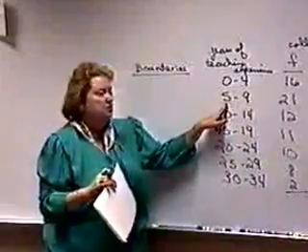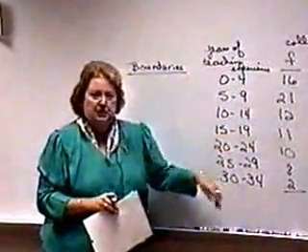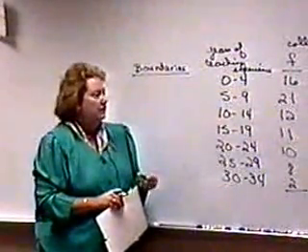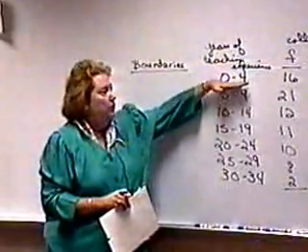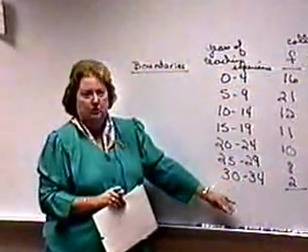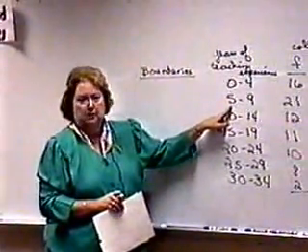This boundary distance is 1. That means, looking at all of these numbers, you can tell that the original numbers were rounded off to the nearest 1. None of the original numbers were 2.5 or 8.7. If there are no decimals in here, there were no decimals in the original numbers. So all the original numbers were rounded off to the nearest 1.